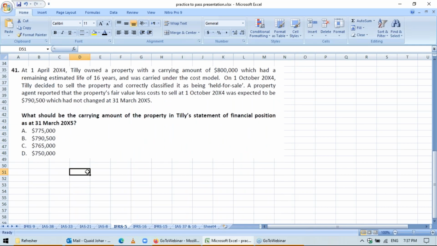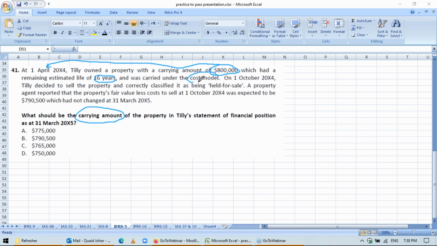What should be the carrying amount of the property? Again, the same rule will be applied. On 1st April, the carrying amount was 800,000, with an estimated life of 16 years.